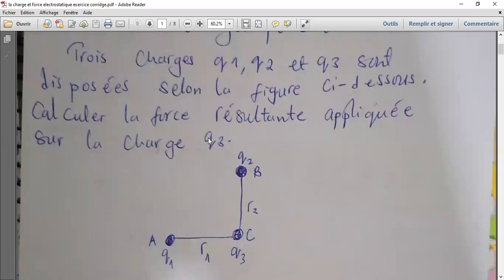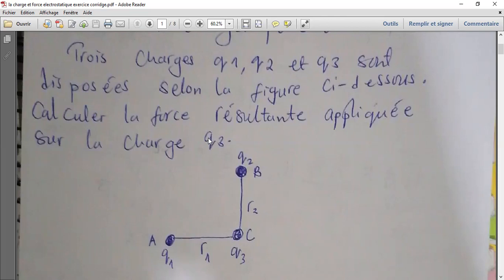So they are saying calculate a resultant force which is applied on the charge Q3. They have said there are 3 charges, Q1, Q2, and Q3, disposed in this figure, and they are asking you to calculate a force which is applied on charge 3.